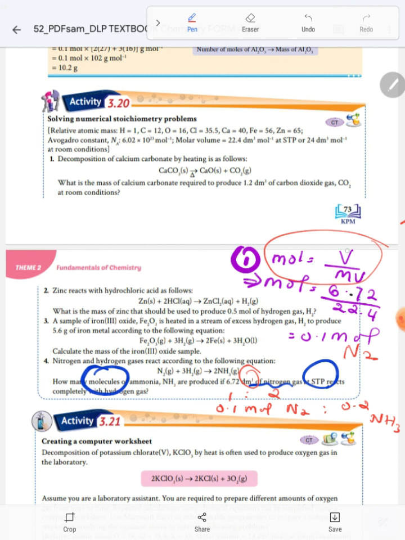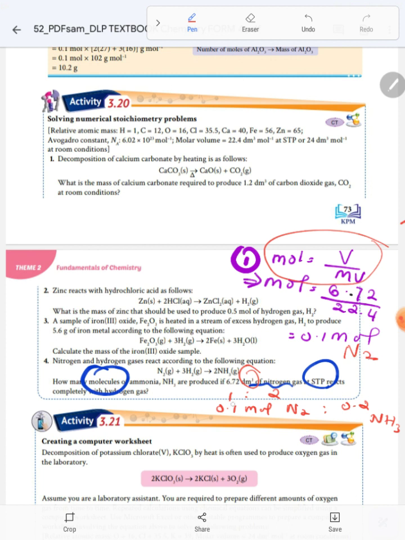Mole equals volume divided by molar volume. The volume is 6.72 divided by the molar volume at STP, 22.4. Let's say the answer is 0.1 mole of nitrogen.